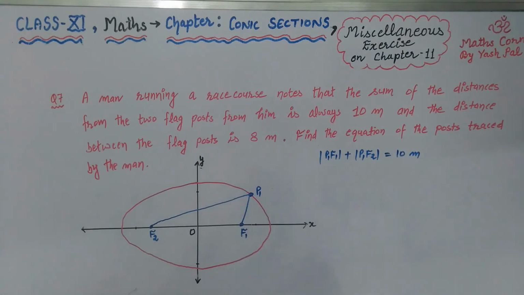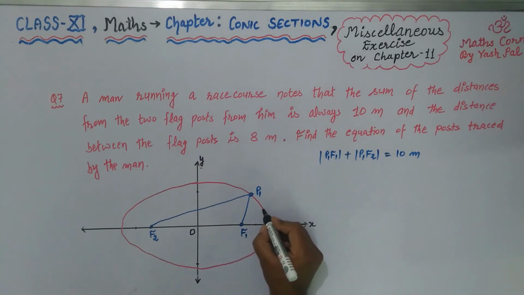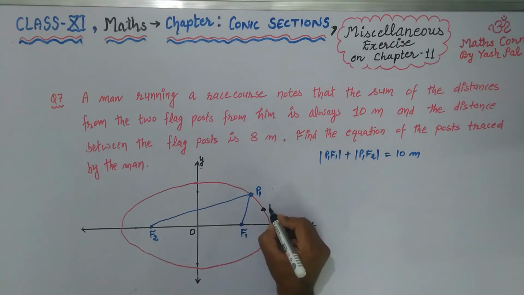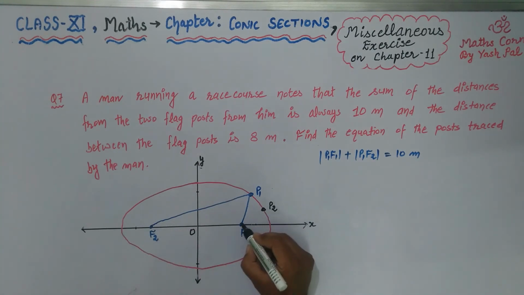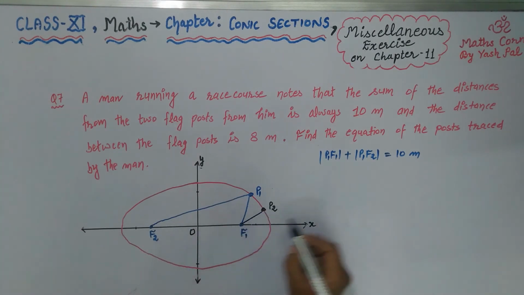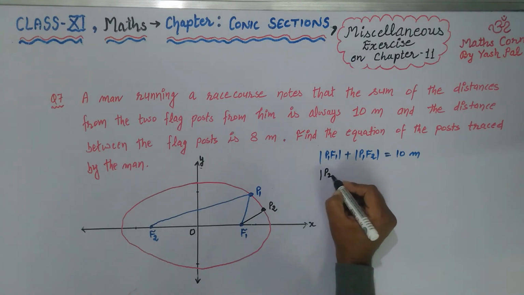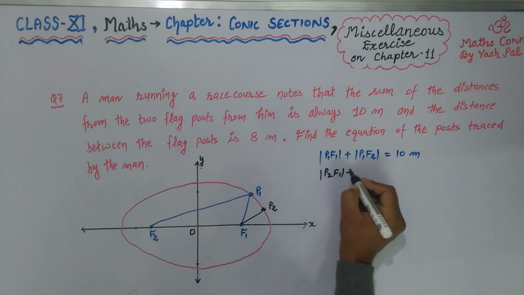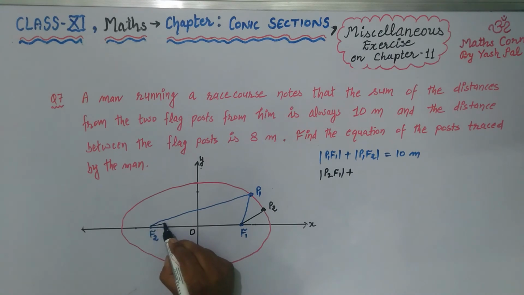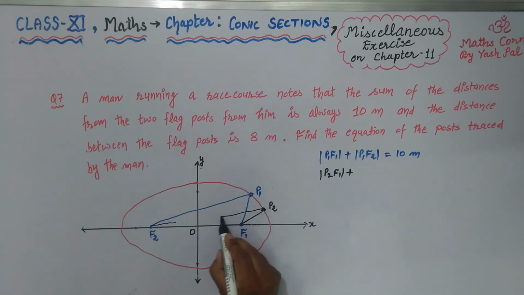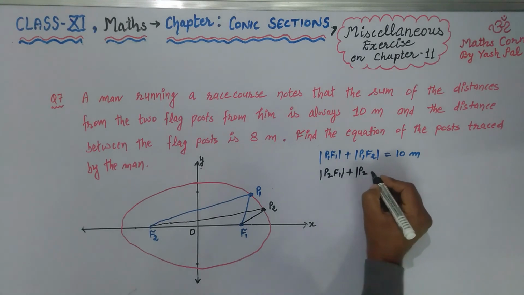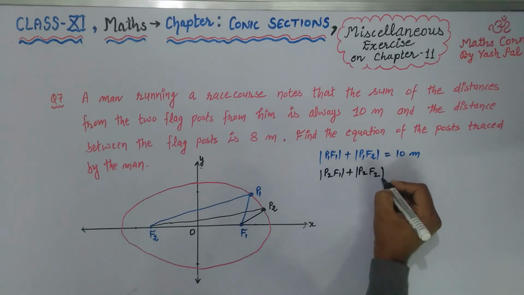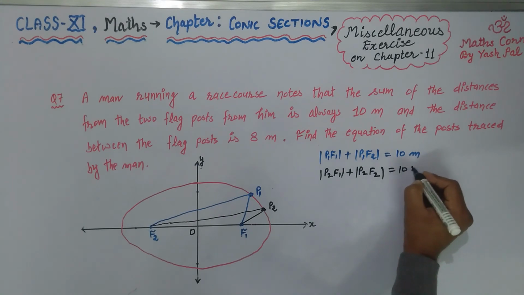Suppose the moving point reaches here, this becomes P2. Now the distance from P2 to F1 plus P2 to F2 is also equal to 10 meters.